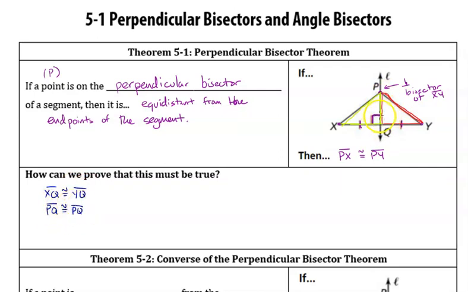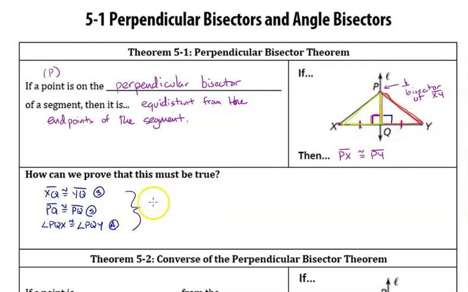And I would notice that if this is a right angle, this is a right angle. So angle PQX would be congruent to angle PQY. Well, that's a pair of sides, that's a pair of sides, that's a pair of angles that is included between these sides.